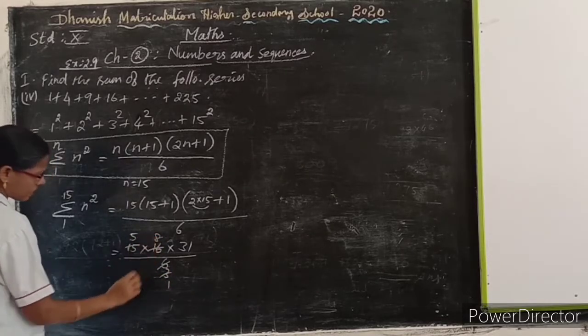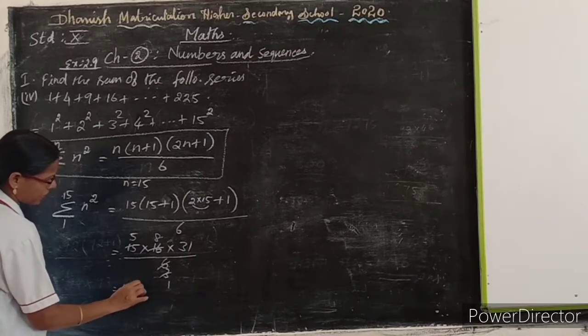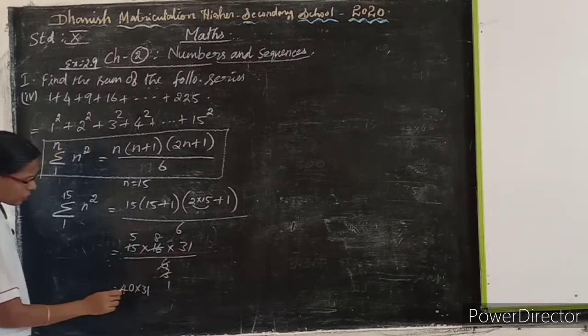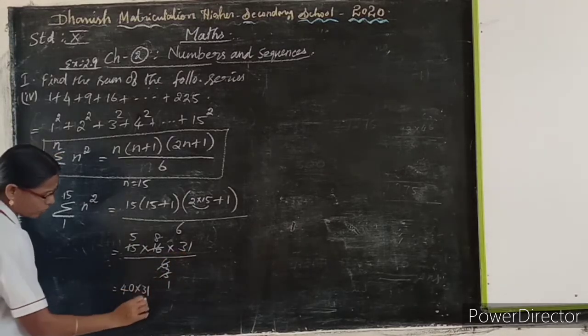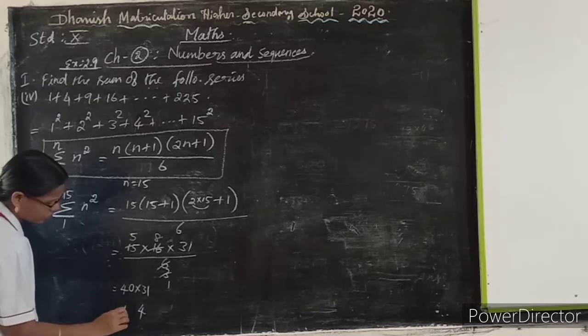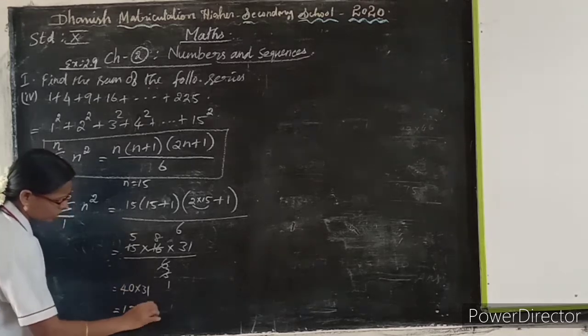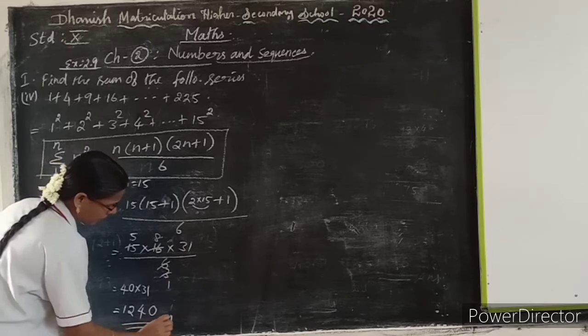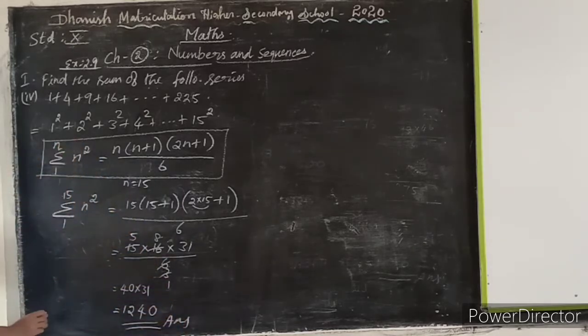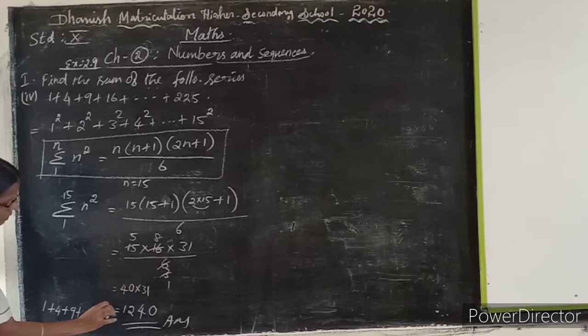Now 5 8s are 40 into this 31. Now multiply by 4 table, 4 1s are 4, 4 3s are 12, tag this 0. This is the required answer. The sum of 1 plus 4 plus 9 plus etc. up to 225 is 1240.